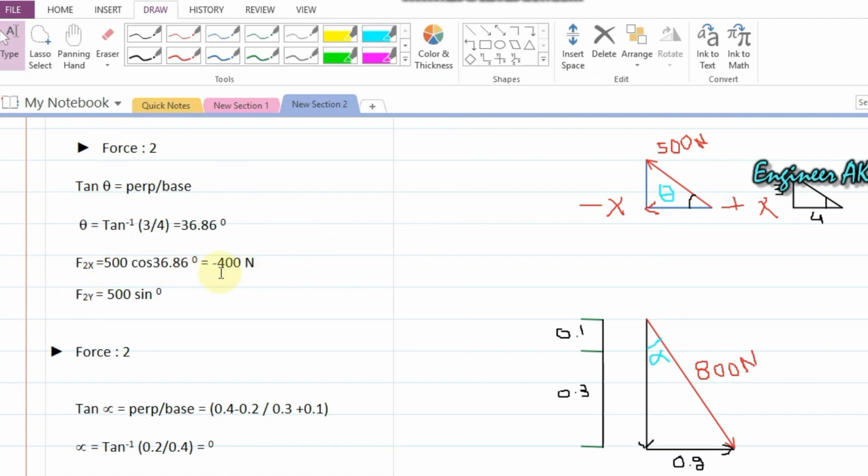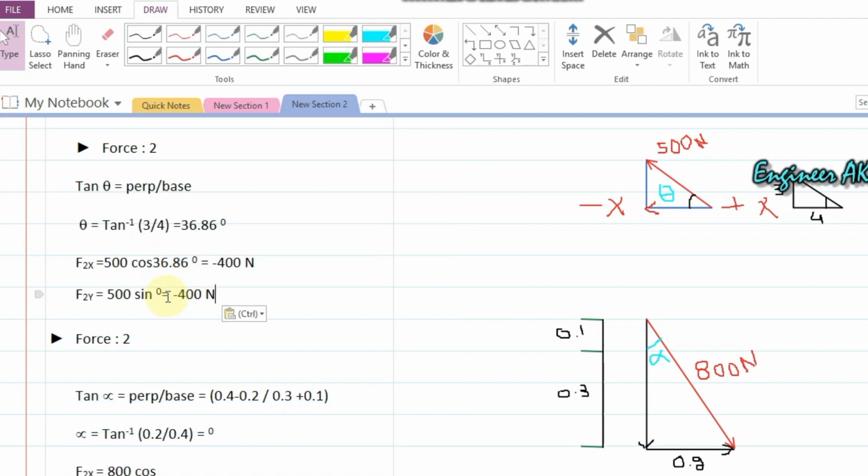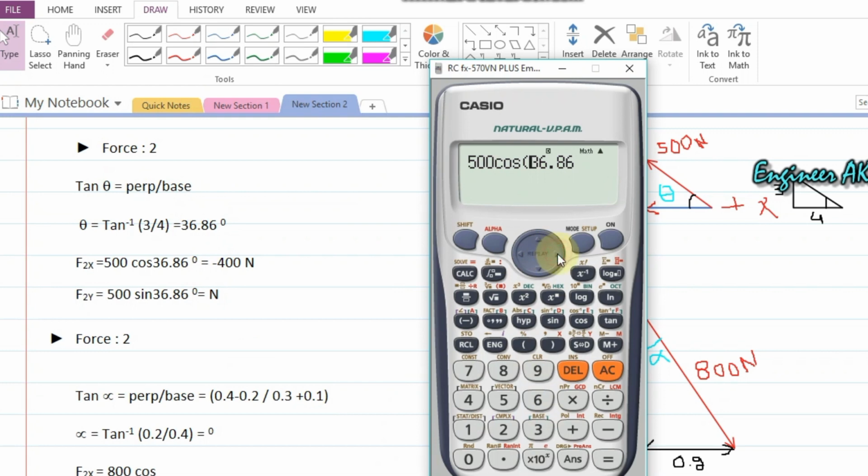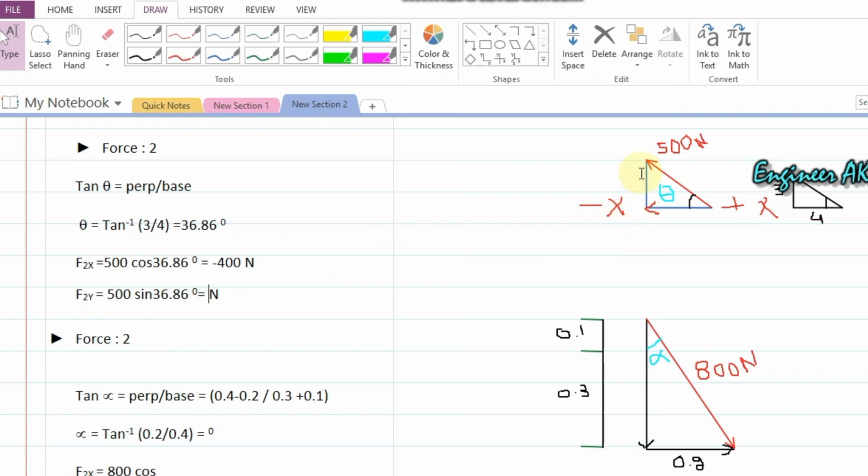And if I apply sine of 36.86, so what will be sine? So 299.9, and if I round it off, it will become 300 Newton, but positive because it is in the positive direction, up.